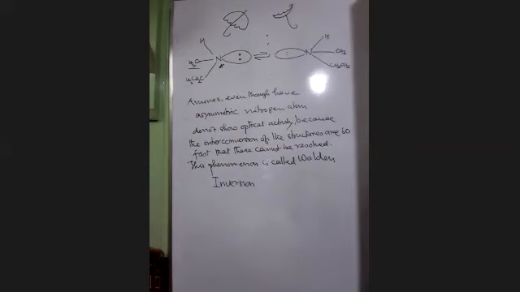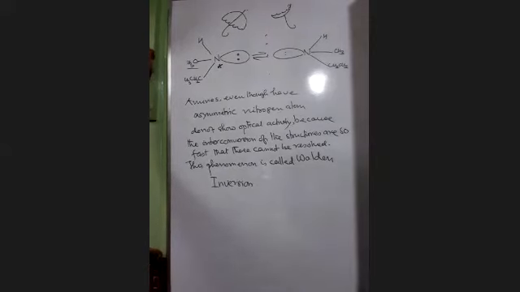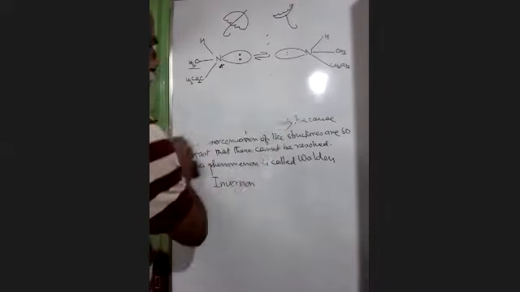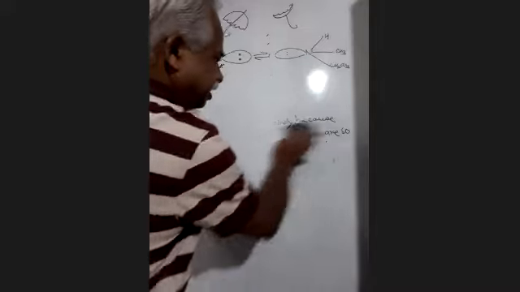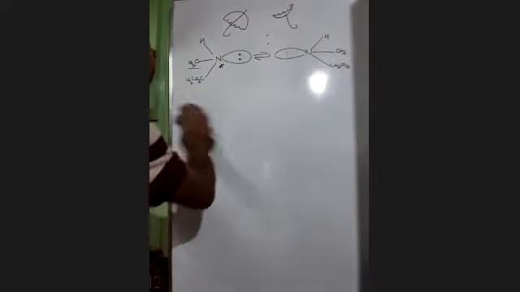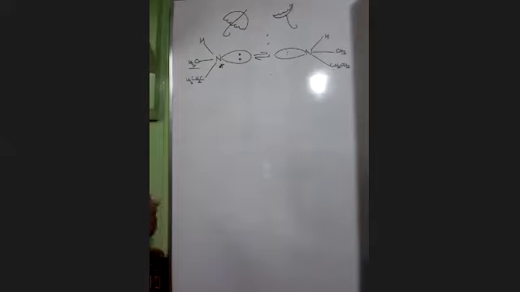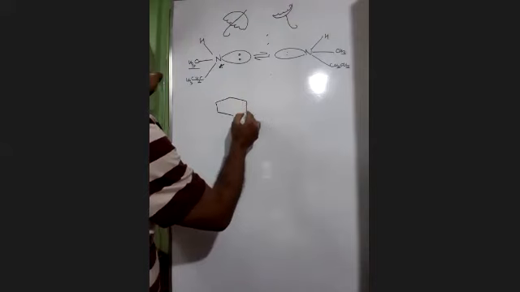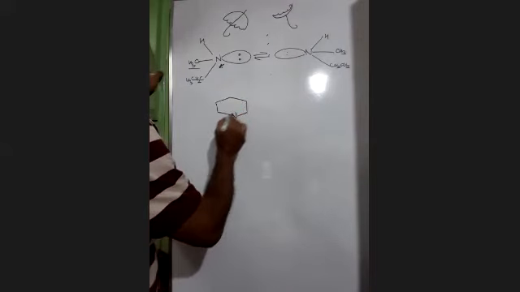Okay, I'll give you one more example. We cannot say that all of them should not show optical activity. Some of them show optical activity. Have you finished writing? Okay, see here. Say I have taken a secondary amine.